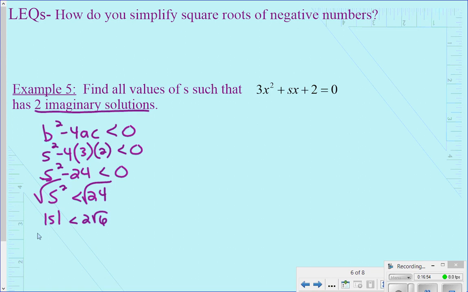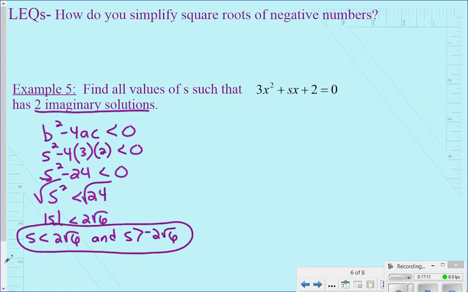And then to get rid of the absolute value, again, choose separate inequalities. s is less than 2 root 6. This is a less than absolute value, so that's and s is greater than negative 2 root 6. So I can write it that way as two separate inequalities with the word and.